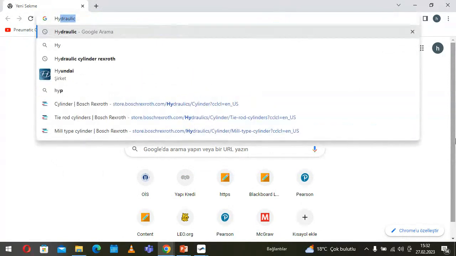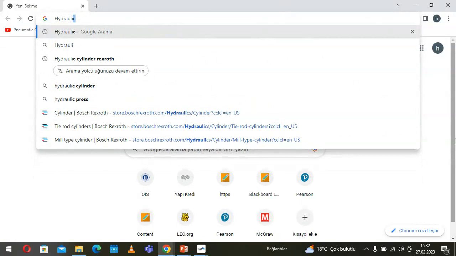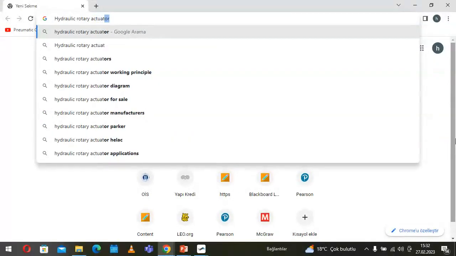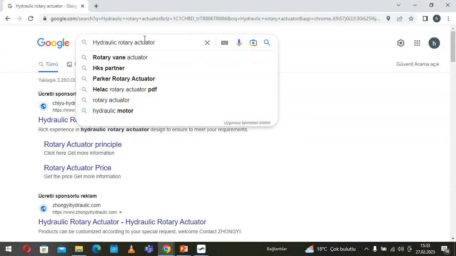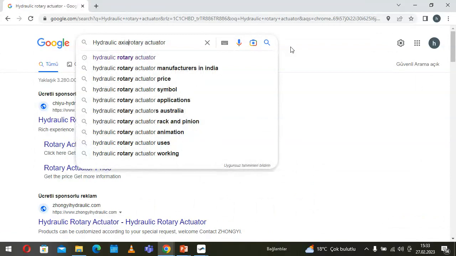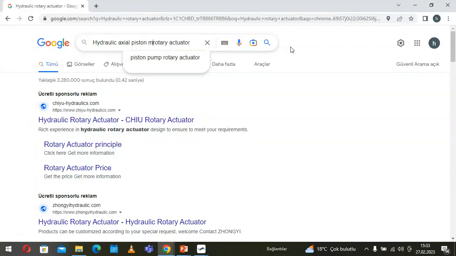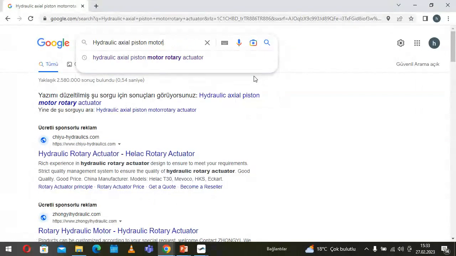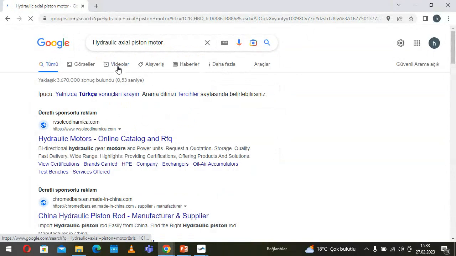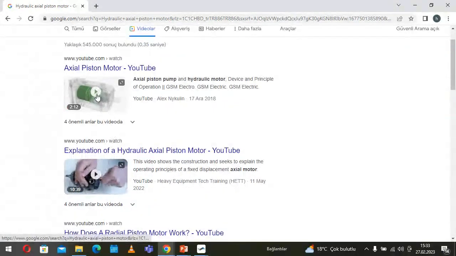Hydraulic rotary actuator. So here maybe we can see that.